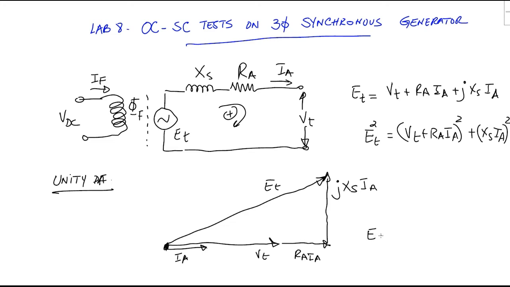Finally, we can find ET per phase. The VT also should be per phase.